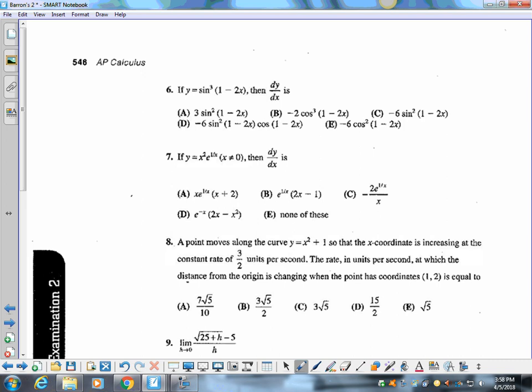And some of you, I know when we did this, when you had trig, wrote your powers on the outside, and that's awesome. That's totally fine, because that cubed is the outermost function. So that's your turkey. Then the sine is your duck. And then the 1 minus 2x is your chicken. I think I got that in the right order.